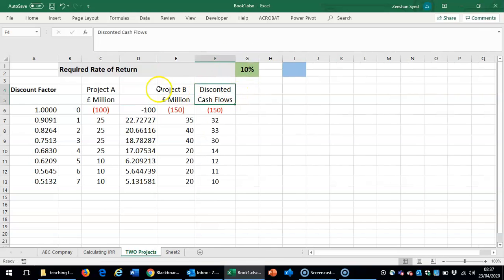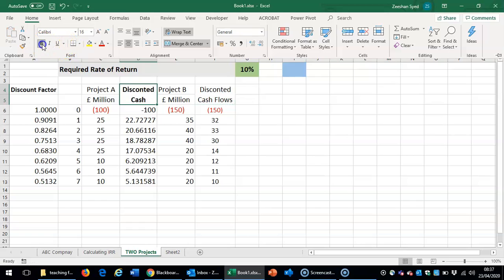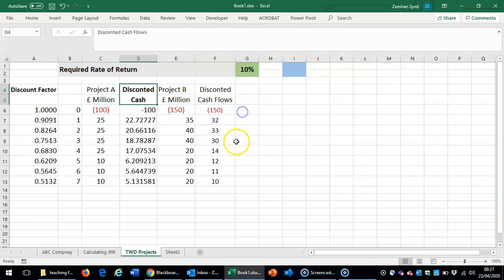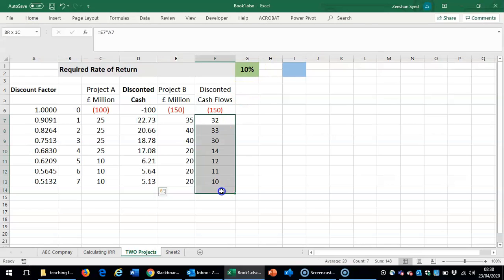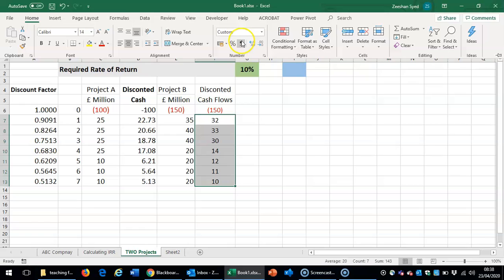Discounted cash flows. These are called discounted cash flows, DCF, same names. Now the next thing is, let's make these things 2 digits, and this also 2 digits.